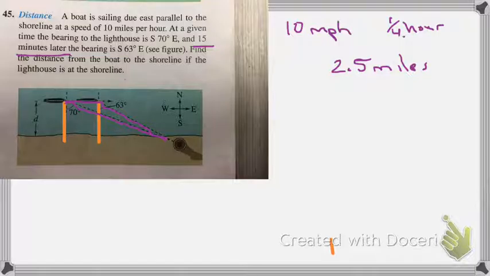And I can see, maybe I should have made those non-orange. I can see I have this triangle, or I can see that I have really this triangle. And either one of those would be great to find. But the trouble is, I don't have any information inside of them except for an angle.